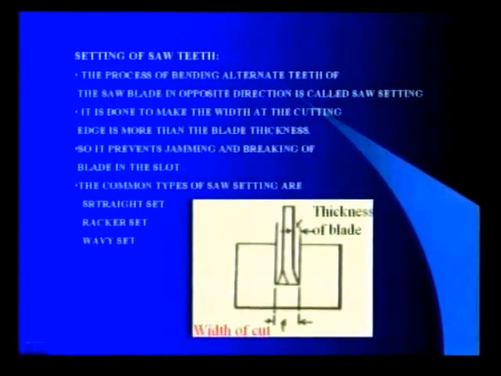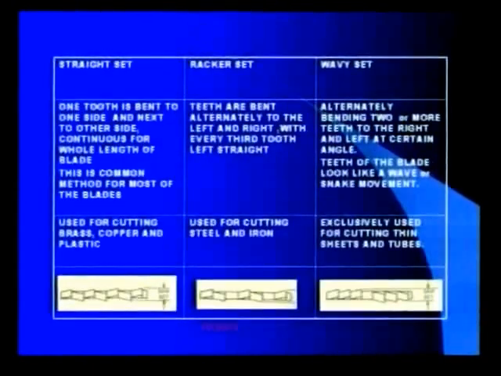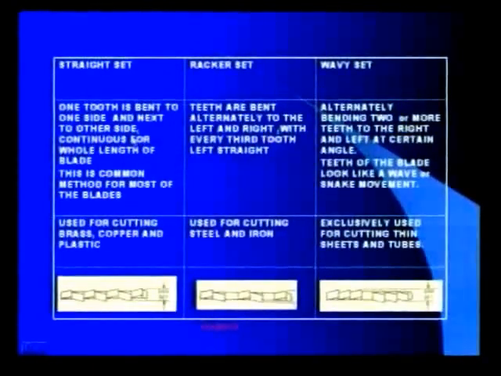We discuss the common types of saw setting: straight set, raker set, wavy set. In the straight set, one tooth is bent to one side and next to other side. It is continuous for the whole length of the blade. This is common method for most of the blades.